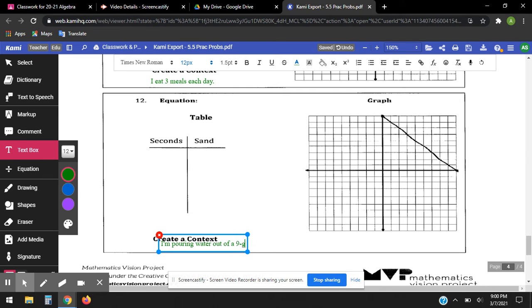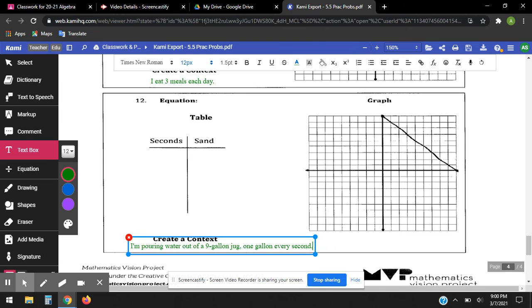A 9-gallon jug, 1 gallon every minute. Okay. Well, we should do second. That probably sounds reasonable. All right. So I'm pouring water out of a 9-gallon jug, 1 gallon every second.